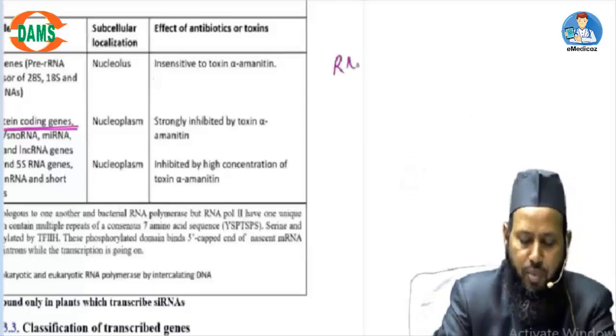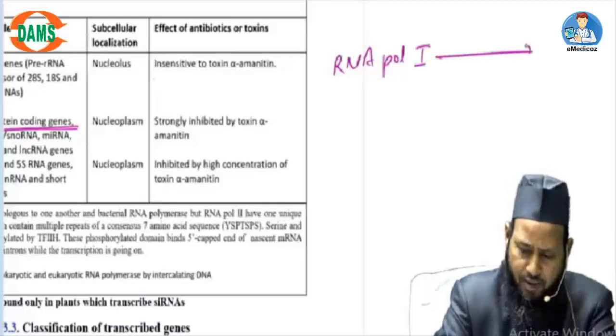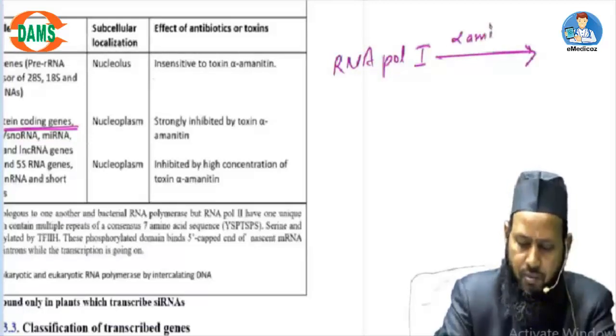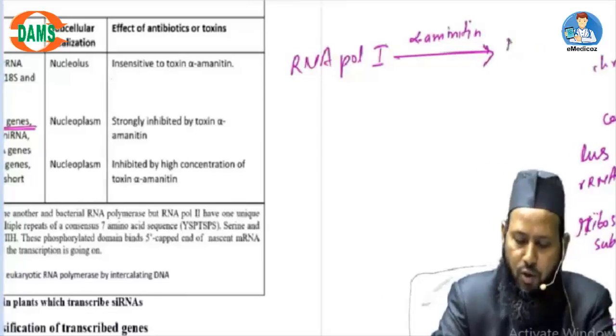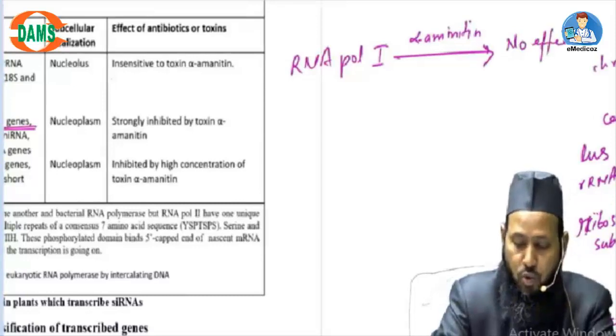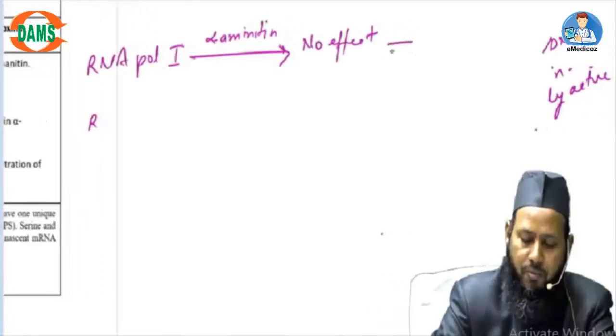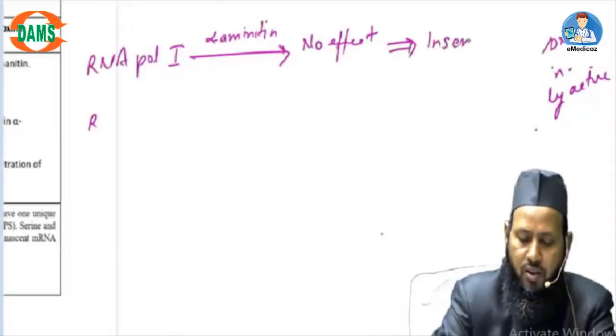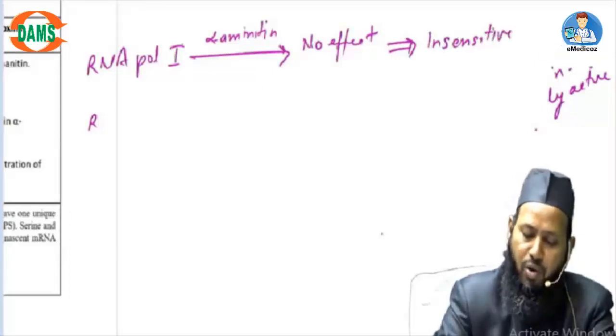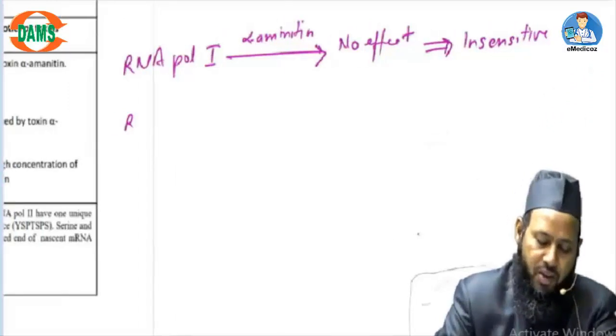So this is RNA pol 1, and it is given alpha amanitin. What will happen? No effect on RNA pol 1. So we will call it insensitive, means RNA pol 1 is insensitive to alpha amanitin.